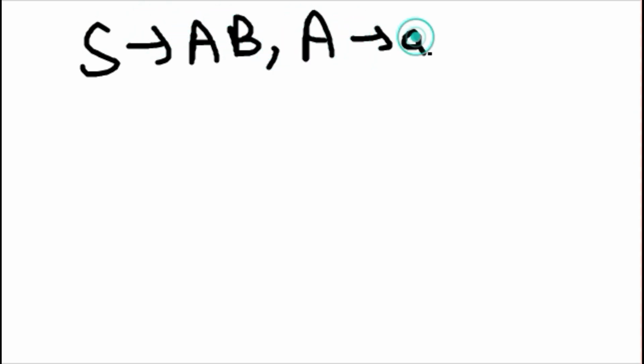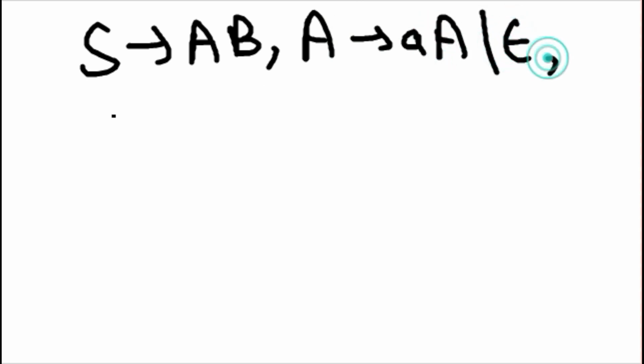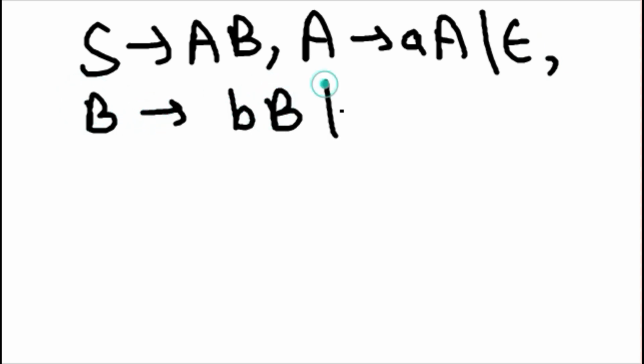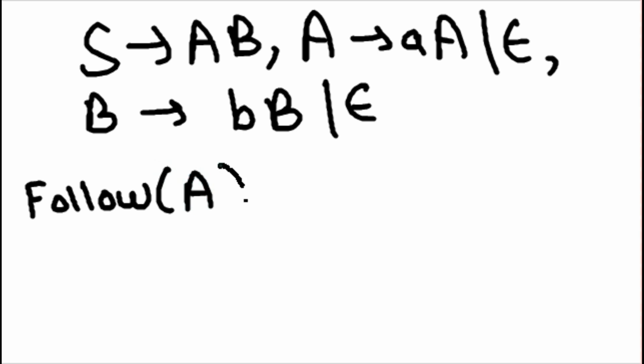Now let's consider a grammar. S derives AB, A derives small a, capital A or epsilon, and B derives small b, capital B or epsilon. In this case, let us start by calculating the follow of A. What is follow of A?